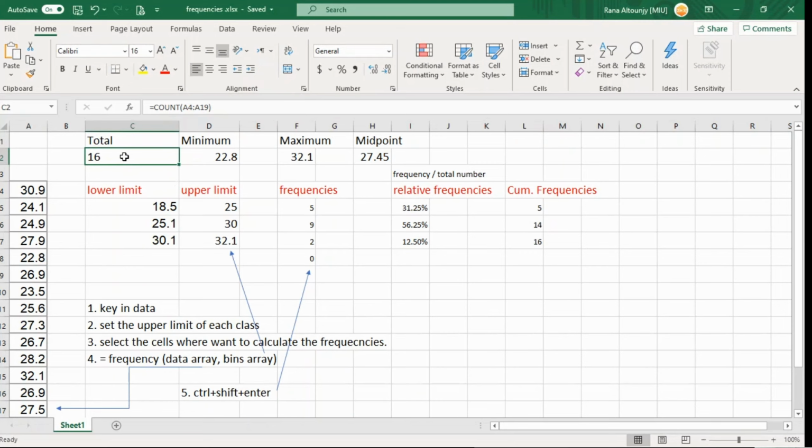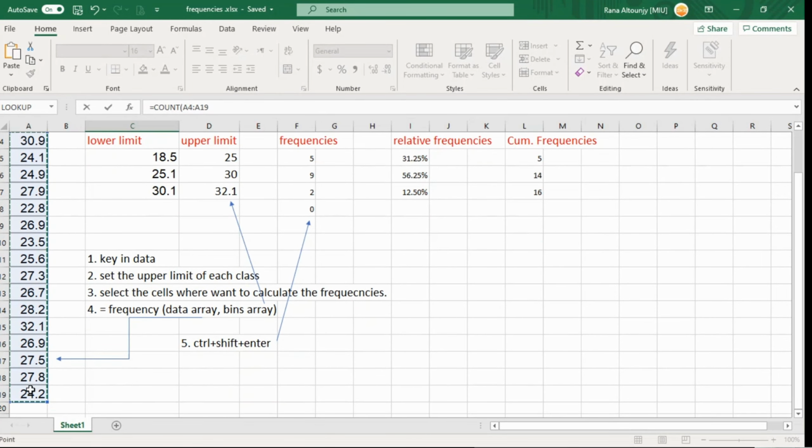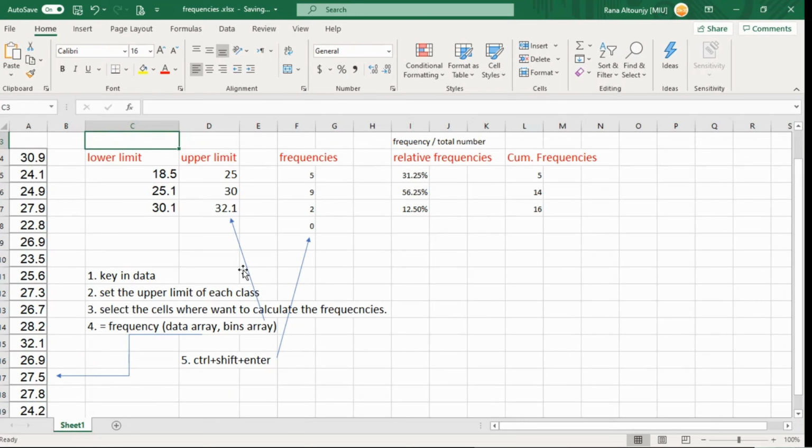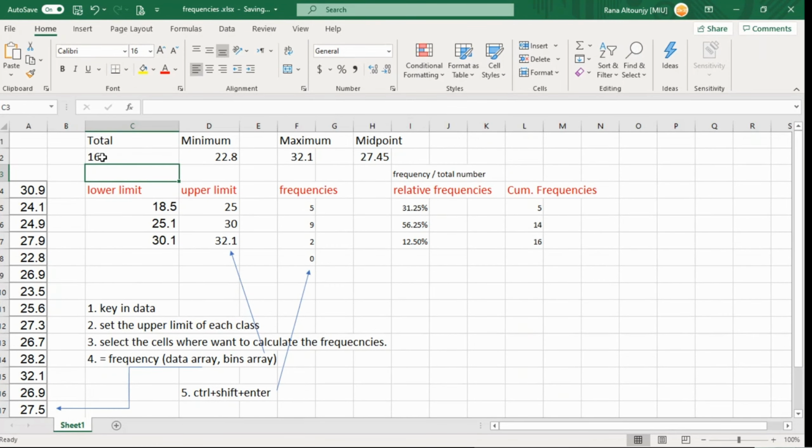So the first function to calculate the total number of data we have is count. We put equal count. See, this is the function. We double click on it to activate it, then select the range of data we have. We click enter, and we see it calculated 16 items.